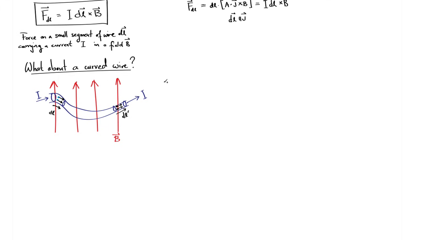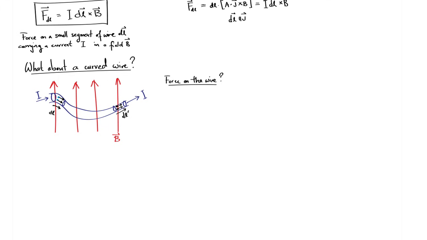All right, so now let's imagine we have this whole curved segment. What we want to do now is calculate the force on this entire segment, okay? We want to know what the force is on the entire wire, not just on a small segment of it, right?